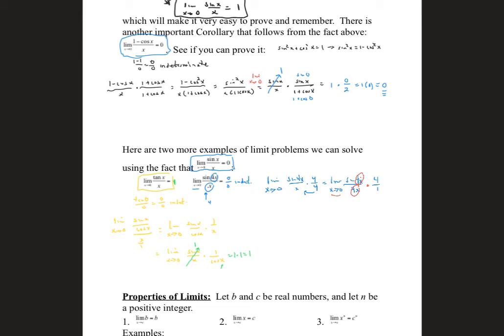So it's like saying, if we change that and call it sine u over u, and we're taking the limit as u goes to 0, this limit is going to go to 1, and 4 doesn't have any x's in it at all, so it's just going to stay 4. And so the limit as x goes to 0 of sine of 4x over x is going to equal 4. Okay, that's what we're after.